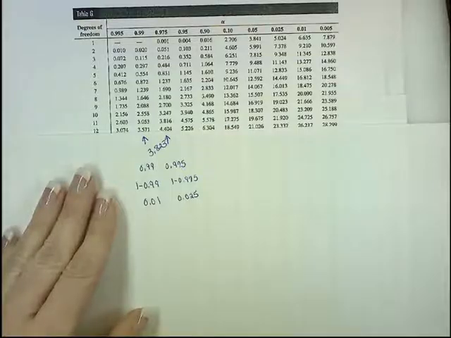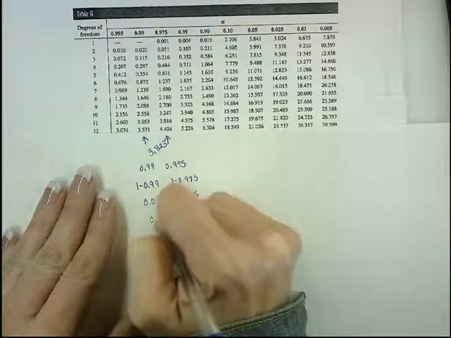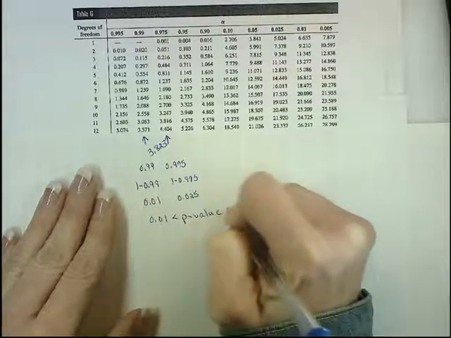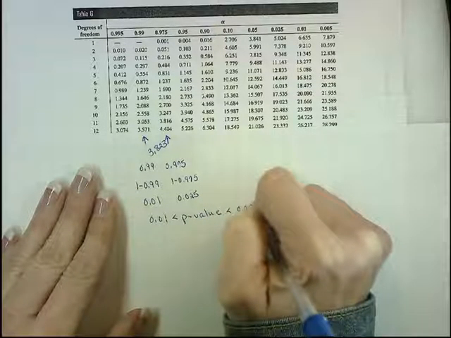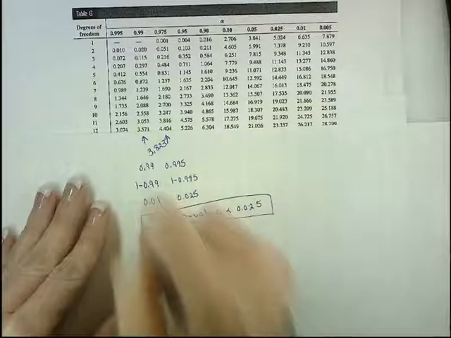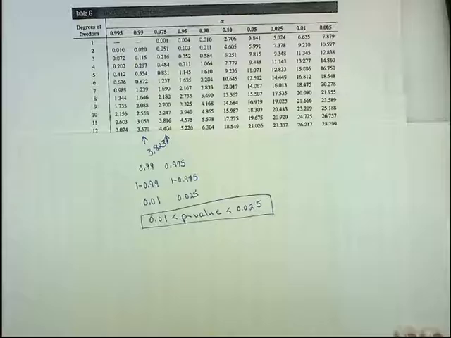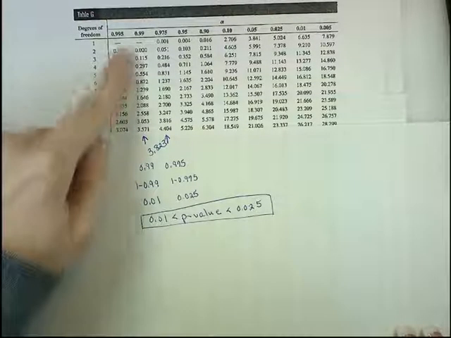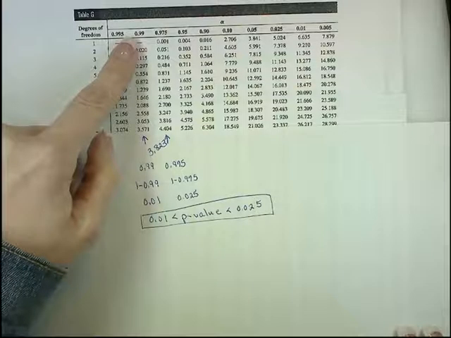That means that your p-value interval, and you don't have to switch these around. You never have to cross your fingers. You just have to subtract each from 1. There's your p-value interval for this left-tailed chi-square test, where the test statistic falls on the left side of the table. Just go up to the top and subtract each from 1.